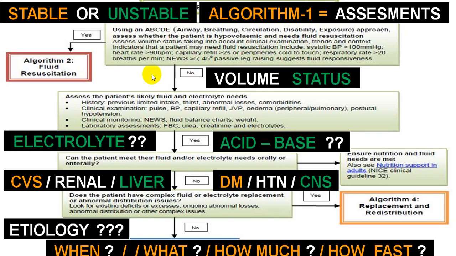So after looking at this entire picture, whether the patient is stable or unstable, volume status, electrolyte imbalance, acid-base imbalance, cardiovascular status, renal, liver, CNS status, diabetic or hypertensive, whether controlled or uncontrolled, and trying to identify the etiology and the present status, then you can decide what fluid to be given, how much to be given, how fast to be given, and what steps you will take for correction.